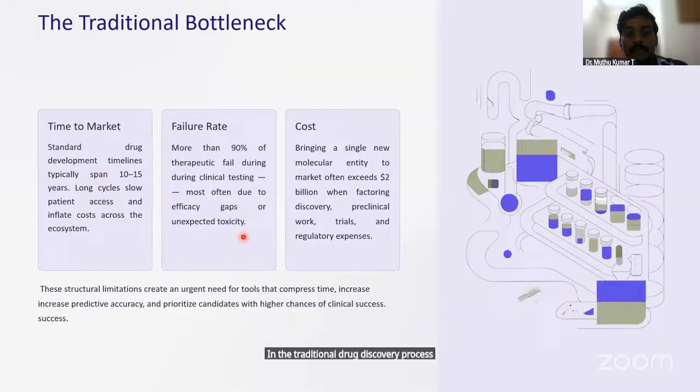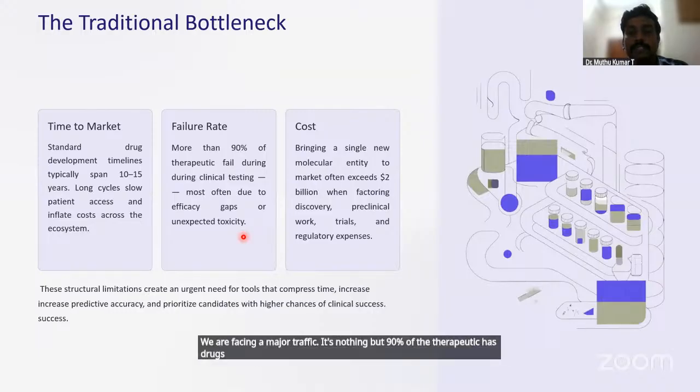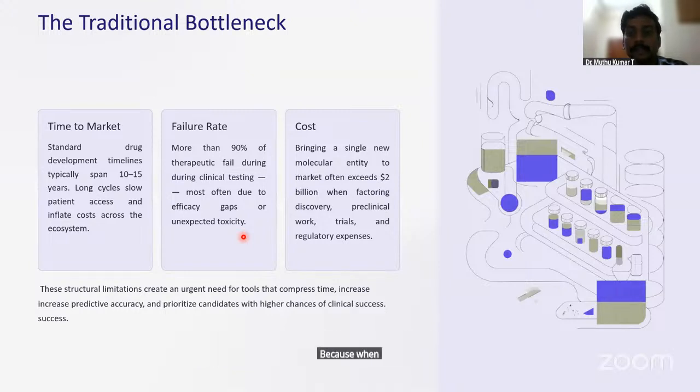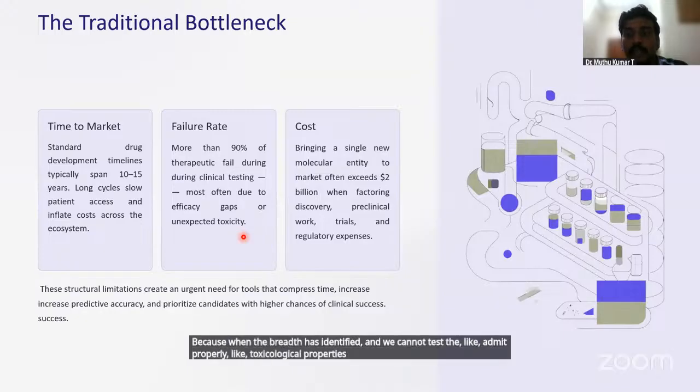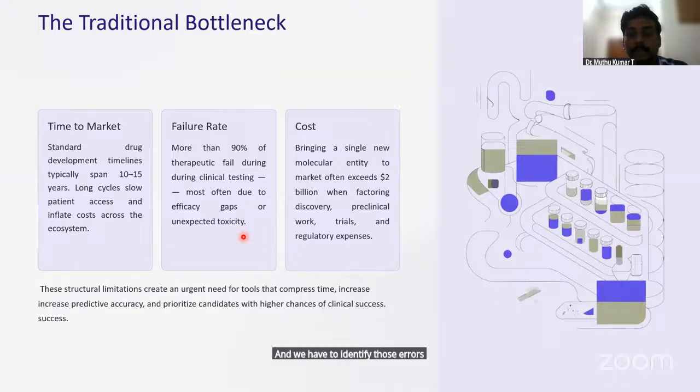Another major drawback is that 90% of therapeutic drugs are affected by side effects. So 90% of drugs have a failure rate at the earlier stages. Why did this happen? Because when the drug was identified, we could not test properties like ADMET and toxicological properties as we can today. In earlier days, each individual side effect had to be tested in the laboratory to identify those effects.